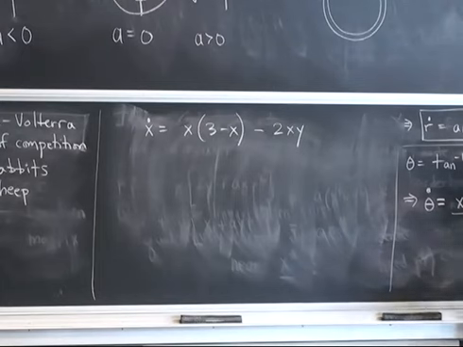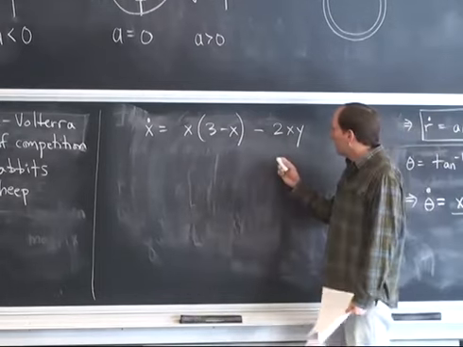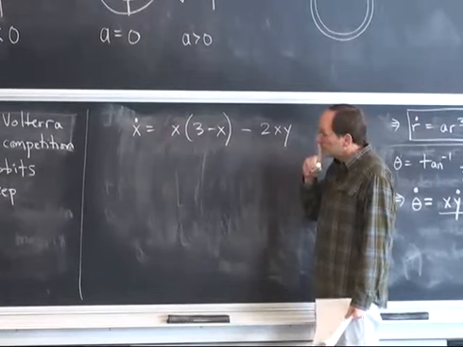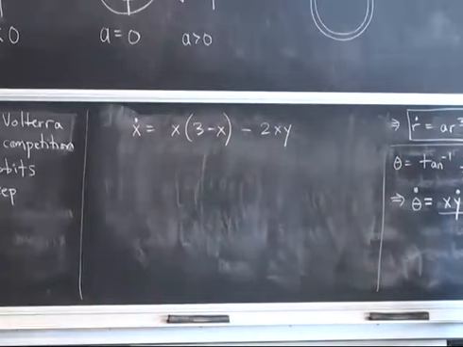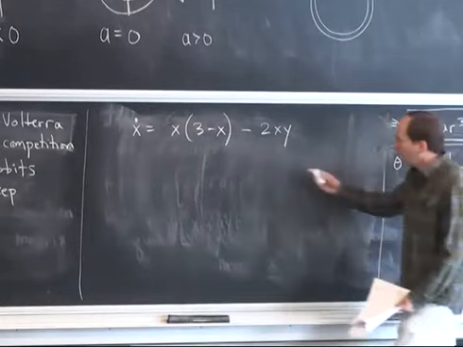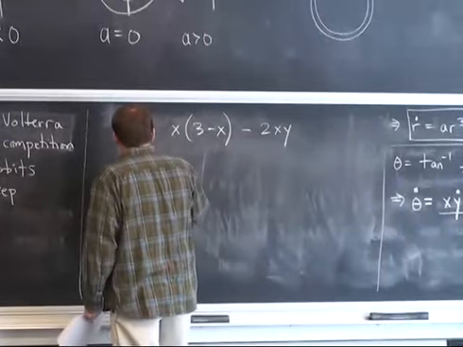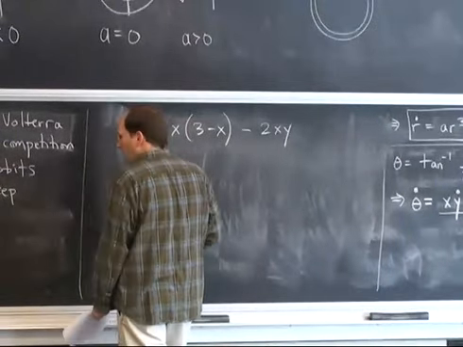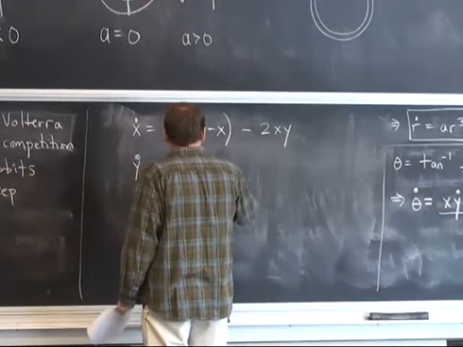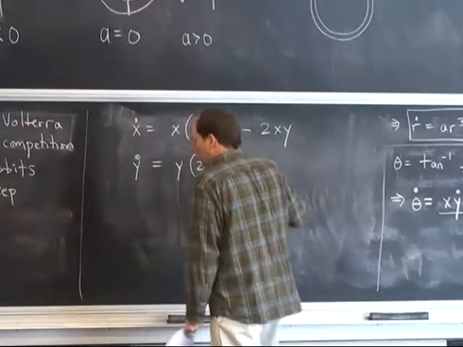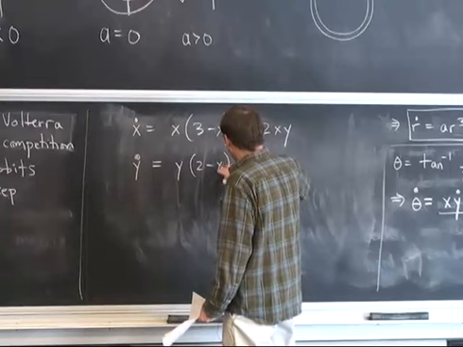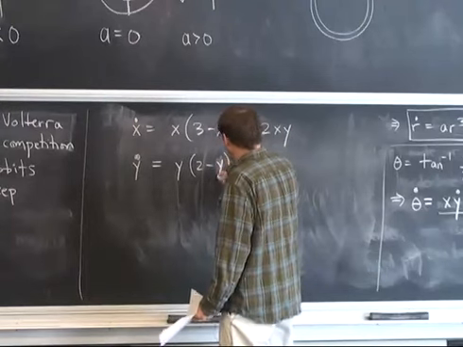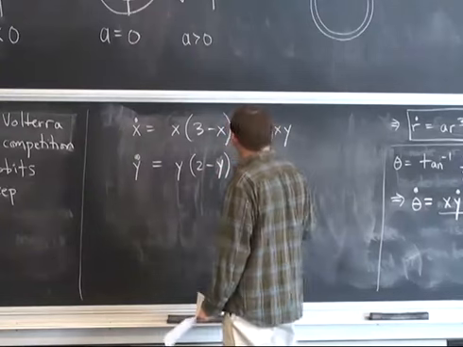So we assume that causes an increased death rate for the poor little cute rabbits. But also, compare what's going on in the sheep equation, where you've got y dot is y times (2 minus y) and minus x times y.